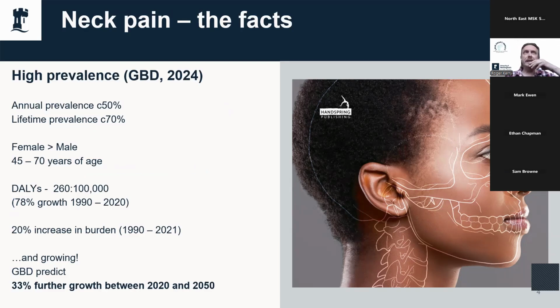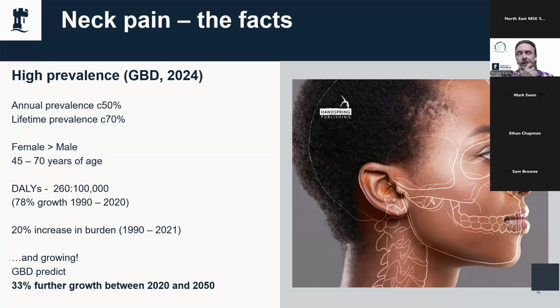So basically, neck pain generally, we know it's a highly burdensome condition. The latest global burden of disease data shows it's right up there at the top of the tables with its impact on health costs and morbidity, affecting disability in years.